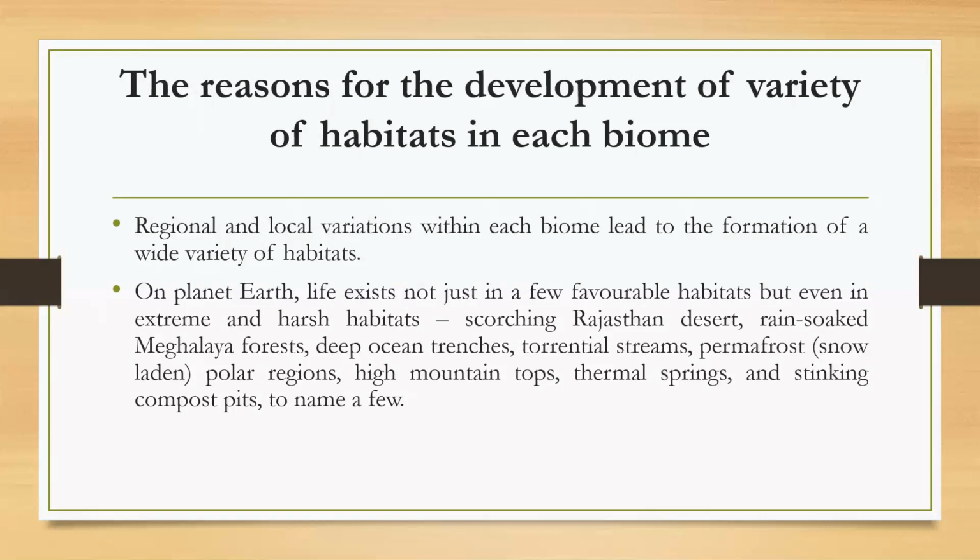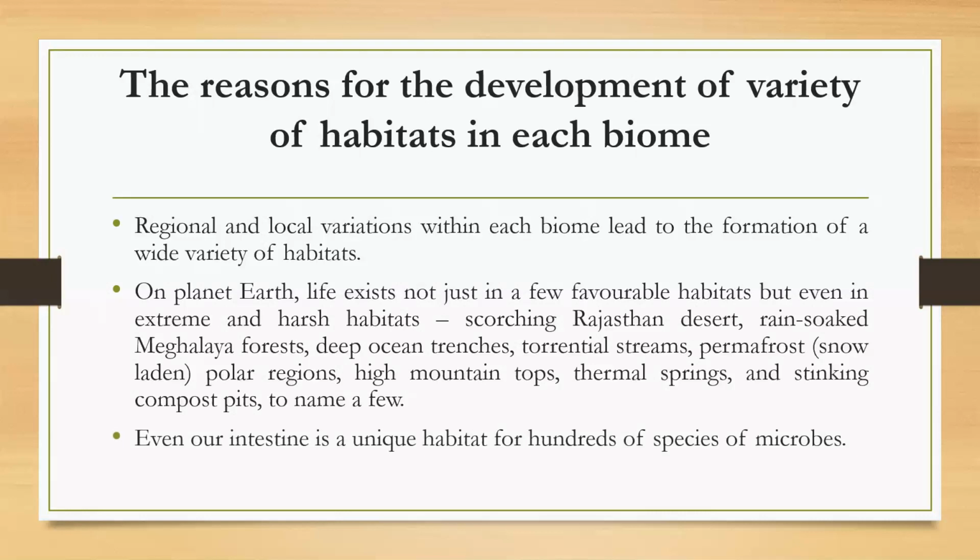These are some of the extreme or harsh habitats. And we should remember that organisms are found even in these types of extreme habitats. Even our intestine is a unique habitat for hundreds of species of microbes.